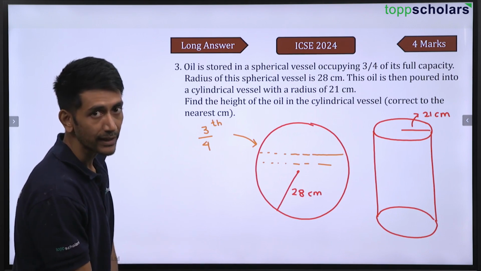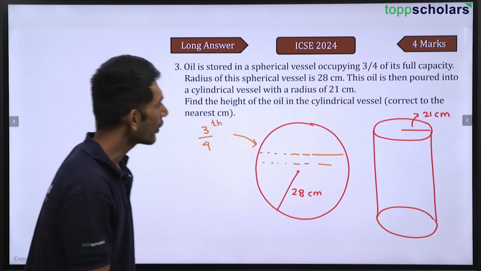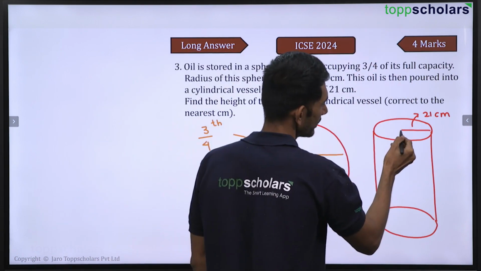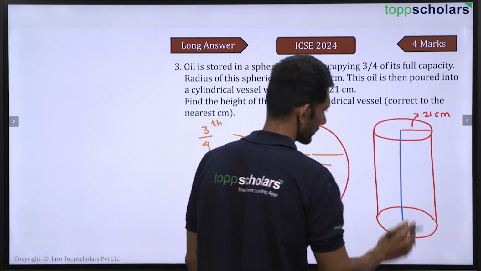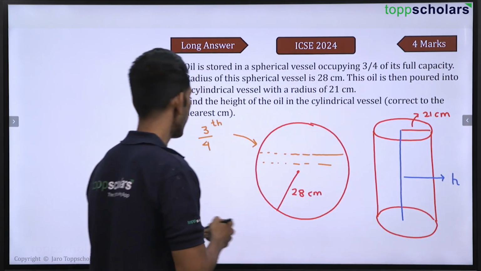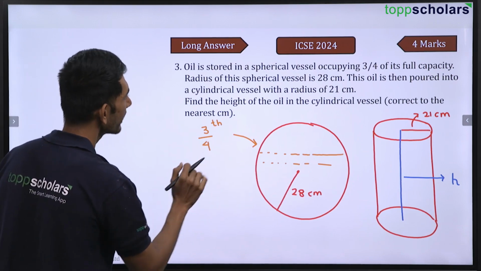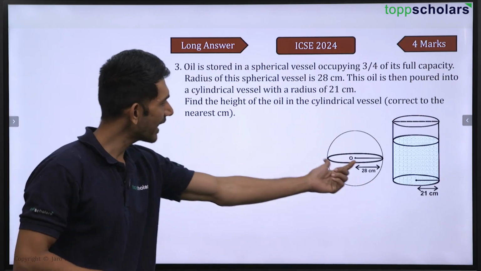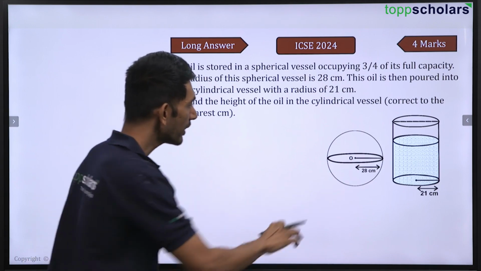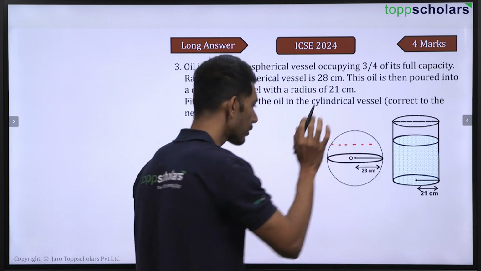So we are supposed to find out the height of the oil in the cylindrical vessel. So this height. Firstly, what is given? It is given that oil is stored in a spherical vessel. So here we have 28, which is already given, but oil is not completely filled here.